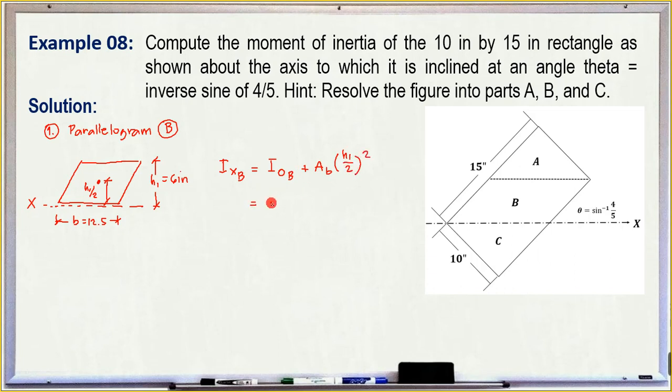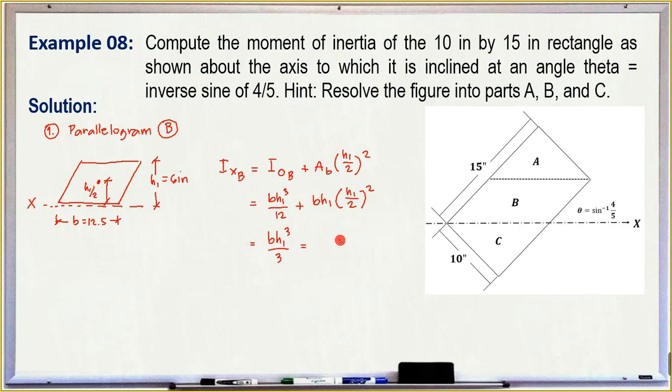So again, for a rectangle, we have b h1 cubed all over 12 plus b h1 times (h1 over 2) squared. If we combine them, the result is b h1 cubed all over 3.